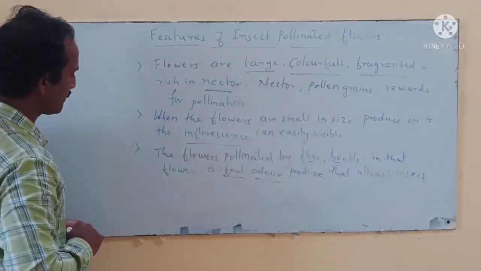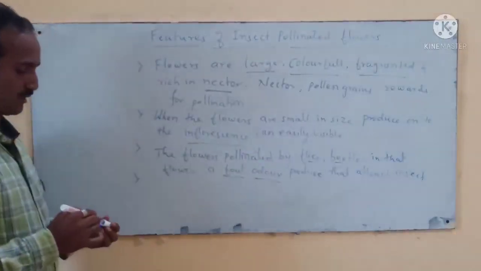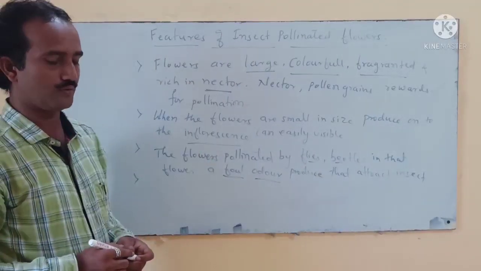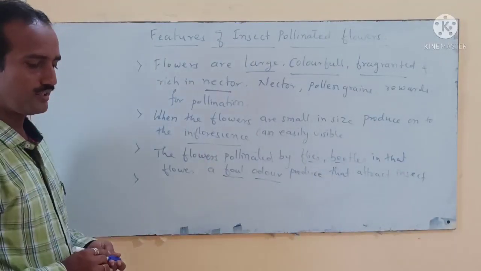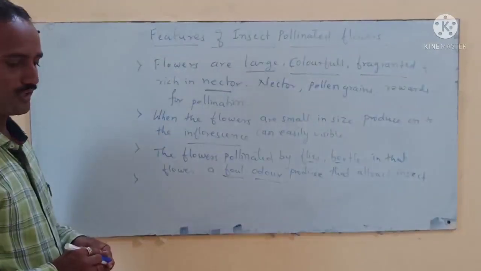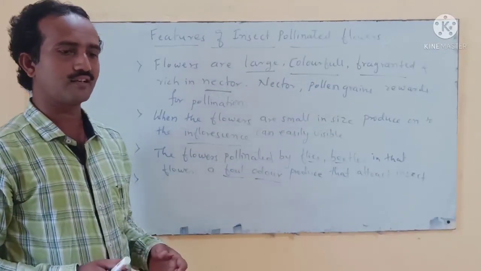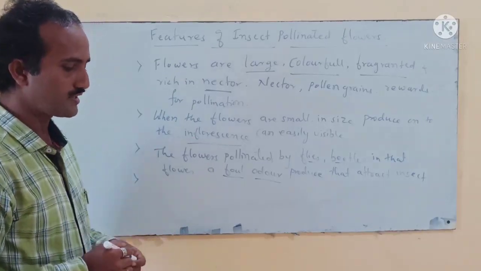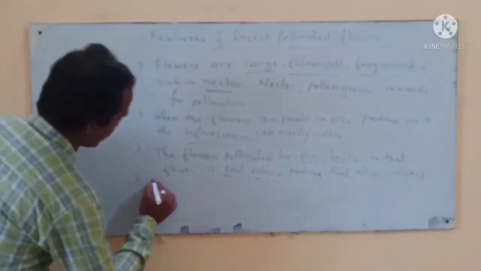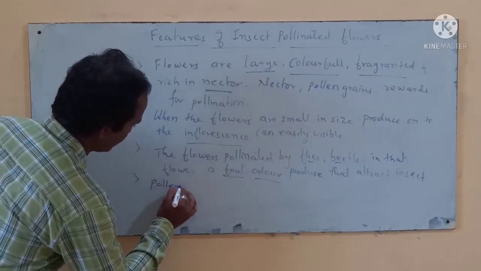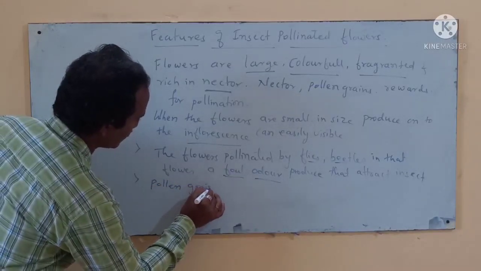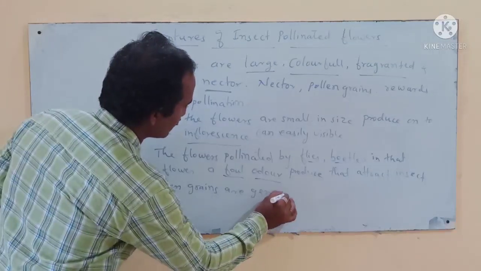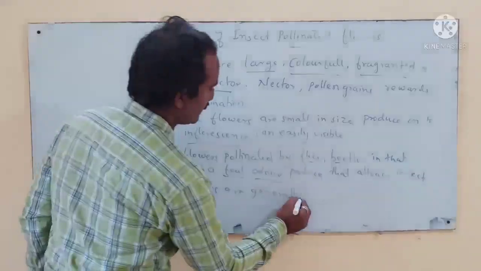Then the majority of the flowers in the insect pollinated flowers, where the pollination takes place, come in contact with the anther and the stigma. The pollen grains are generally sticky.